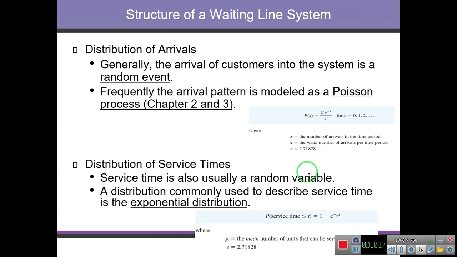It's random. Generally, people arrive in a random pattern. You cannot say, if you are the supermarket, that one person arrives every 5 seconds exactly. That is absolutely not true. People arrive in a random pattern.